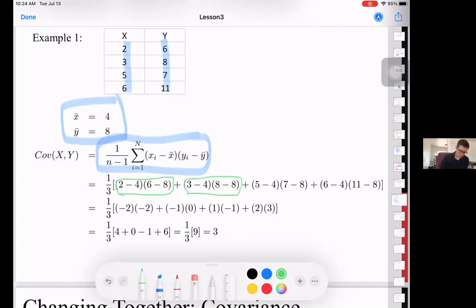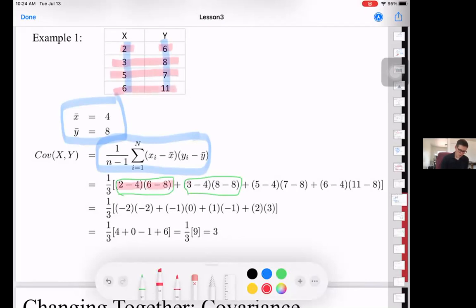So we're going to take, for instance, 2 and subtract the average of X times 6 minus the average of Y. So that's what we get here. 2 minus the average of X, which is 4, times 6 minus the average of Y, which is 8. And we're going to do that for each of these different rows.